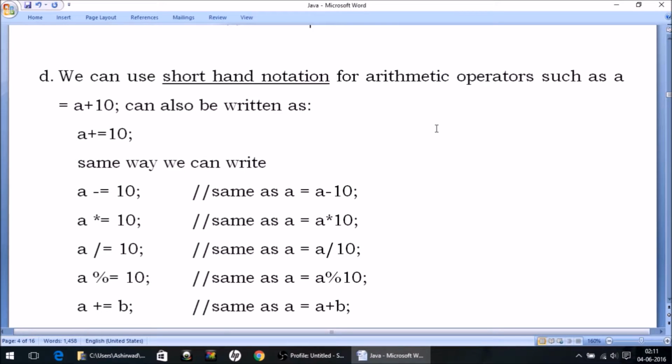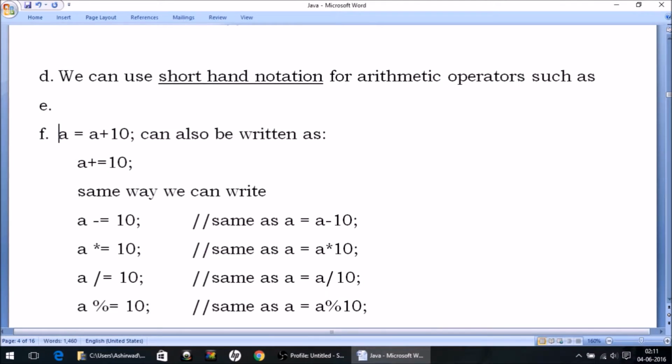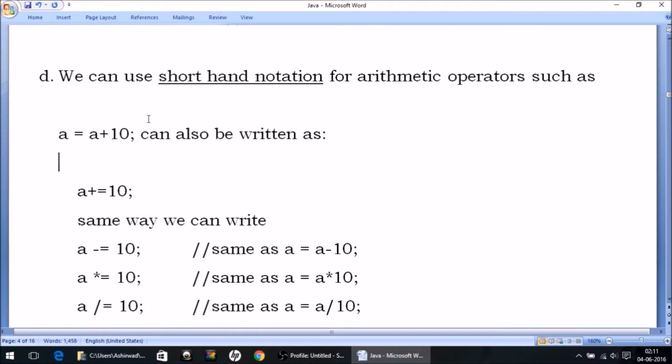There is one more thing in Java language, that whenever you write statements like this one, a is equal to a plus 10, it can also be written like this. Both are same.